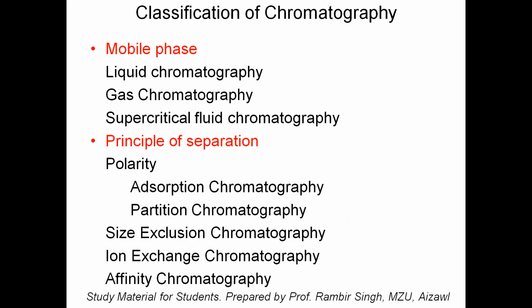So in partition chromatography, the stationary phase is always liquid. In adsorption chromatography, the stationary phase is always solid. Polarity may be anything. Even the solid stationary phase can be polar or non-polar, and the liquid stationary phase can also be polar or non-polar.